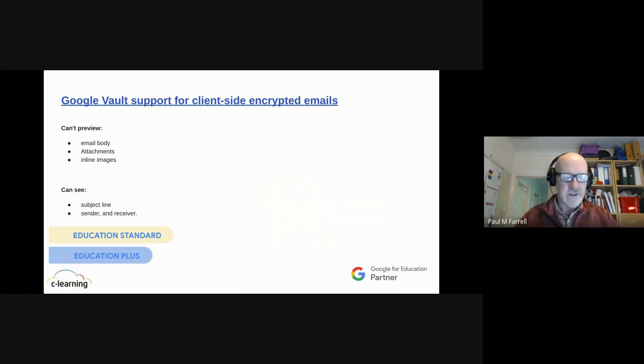So whilst you can do a search for those encrypted emails inside your Vault, you as the administrator can only see the subject line, the sender and the receiver. So you get some information, but you won't see anything inside the email or attachments and so forth. Just be aware that you've got some kind of search facility if you need to use that particular tool. And that's for Education Standard and Education Plus only, so those two paid for versions of Google Workspace.